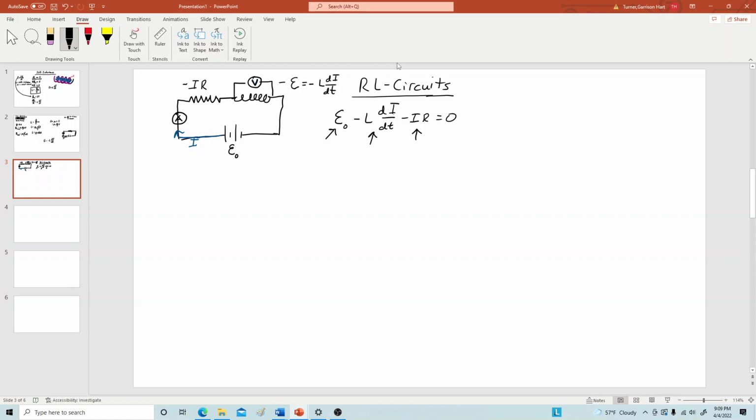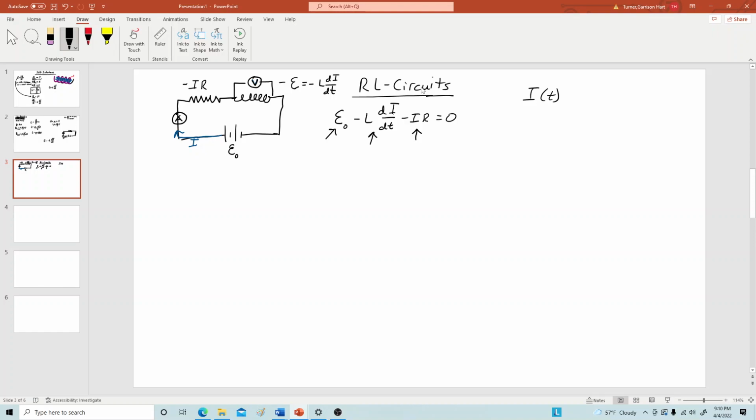And your current, let me write it like this, your current is going to be a function of time. Now, if your current is a function of time, then as your current changes, that will change the induced voltage across the inductor.